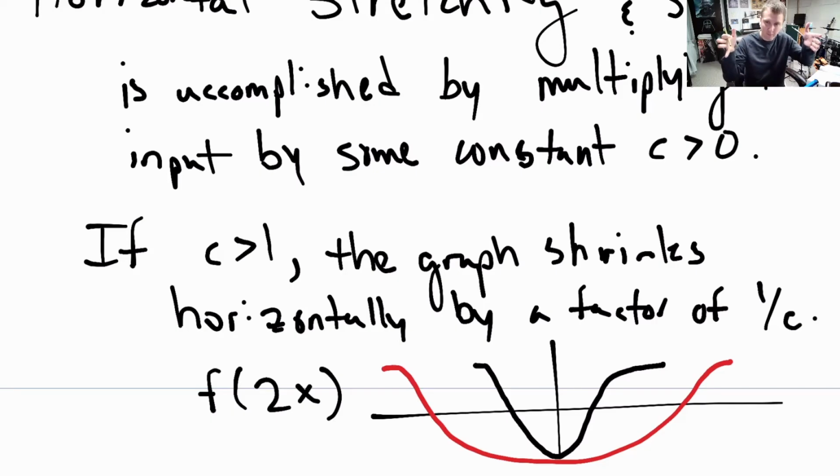It takes that red graph and compresses it all in 2 times. What I'm trying to say is every input is half as big. So we took this and we halved it. We took this and we halved it. We compress it. All right.